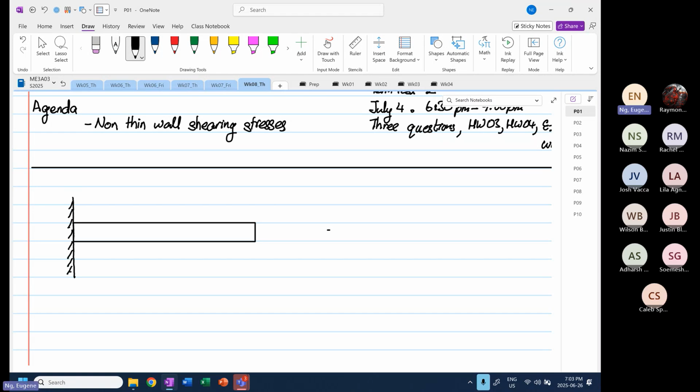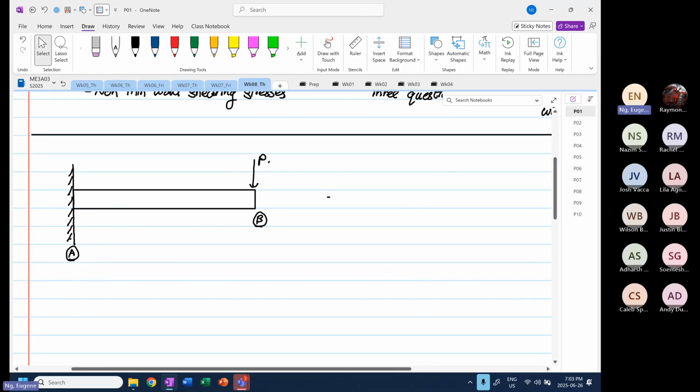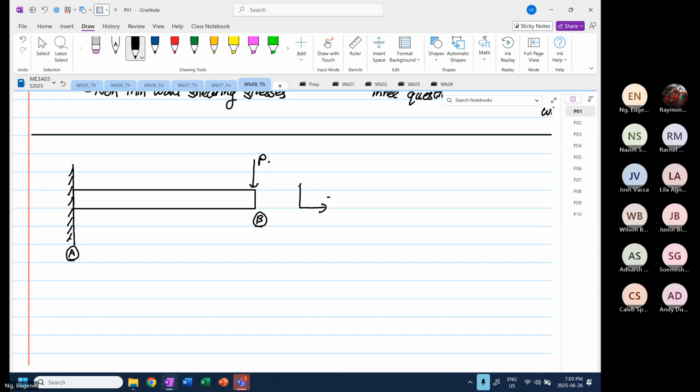And we have one end at point A, and the other end is point B. Okay, and then we have a load acting down over here, which is equal to P. So I will address our transformation: this is our x-axis, Y, and then we have our rotation about Z.